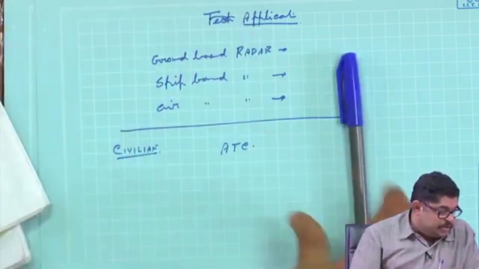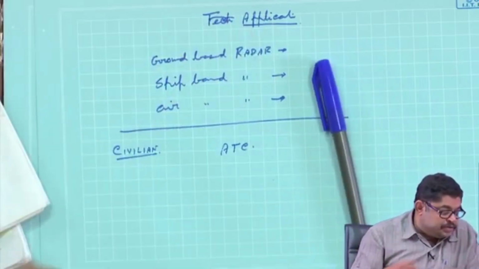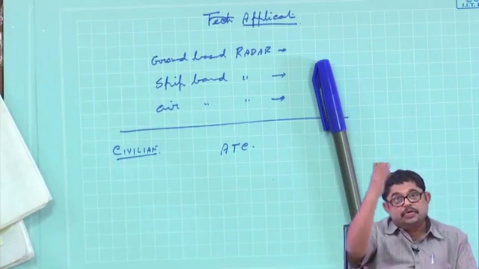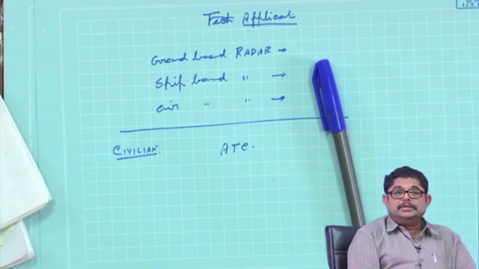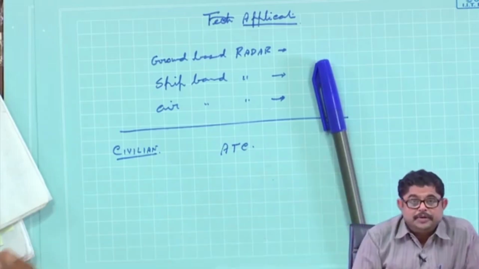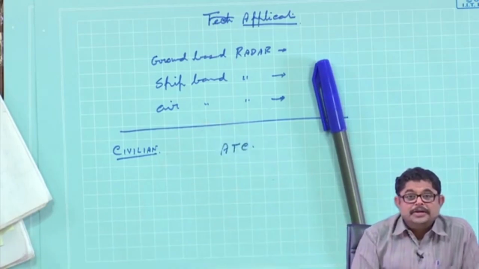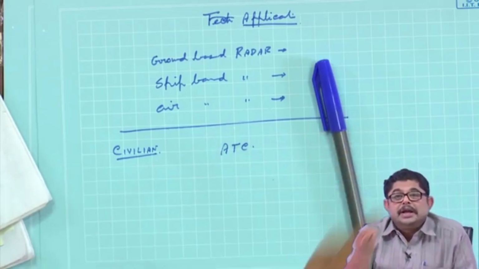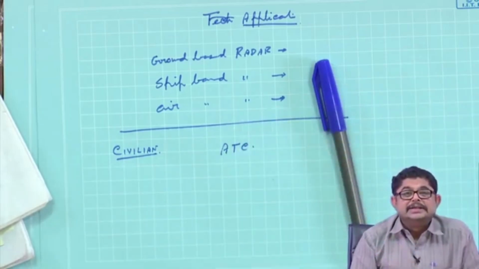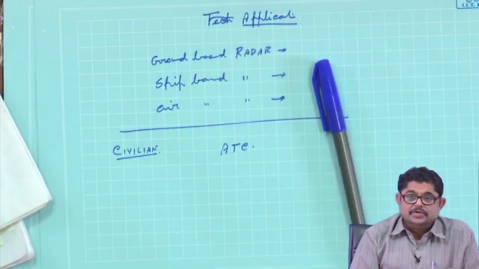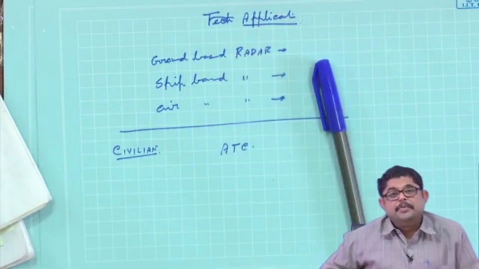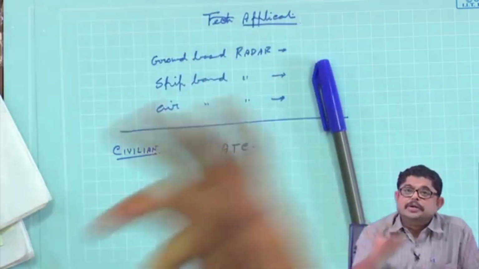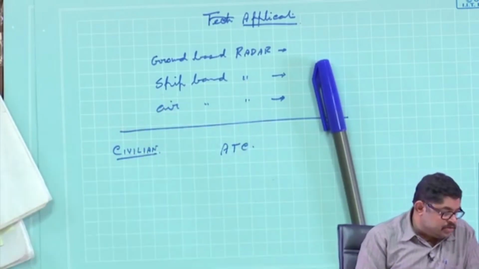Then radio astronomy and radar astronomy: detection of black holes, detection of radio stars, and even detection of cancerous cells in the body, such as breast cancer. Not all cancers can be detected because the organs are inside the body, but the breast is protruded, so it can easily be detected by radar technology.